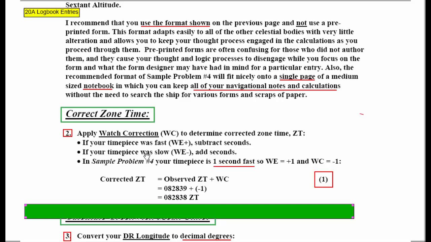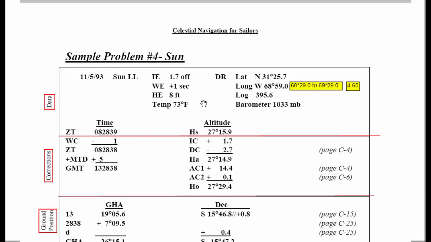What is shown in paragraph number 2 is to apply the watch correction that we observed over the single sideband radio. In our data we see that the watch error was 1 second fast. In other words, our wristwatch was 1 second ahead of Greenwich.